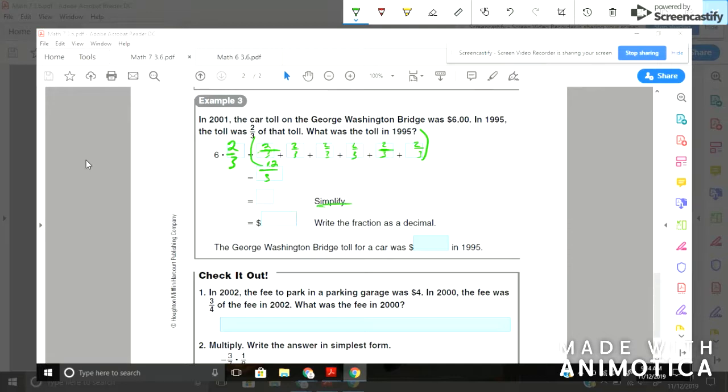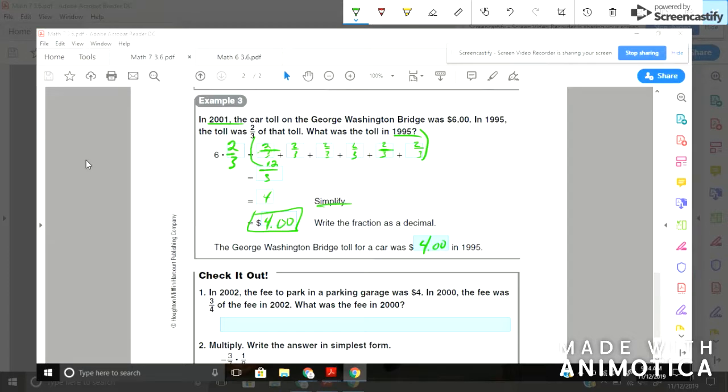Well, 12 divided by 3 would give us 4. So what was the total? 4, and write it as a decimal, $4.00. Okay. George Washington toll for a bridge was $4.00. And that makes sense because obviously over time, you have to think about inflation and rising prices, and usually that's a pretty common theme.